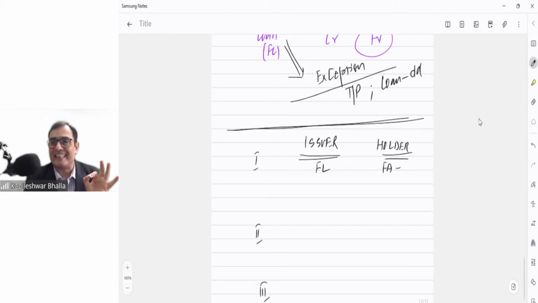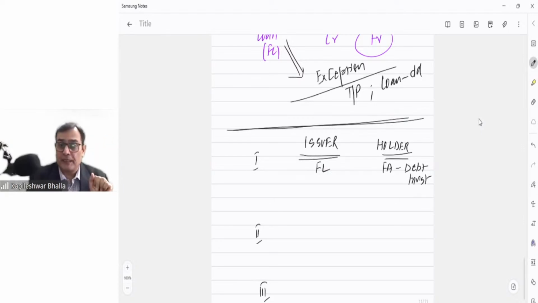financial asset debt investments. I'm adding something, friends, now. I'm going to call this a financial asset debt investments. Earlier, I was only calling it a financial asset. Now I've changed the terminology and I'm saying it's a financial asset debt investments, right?